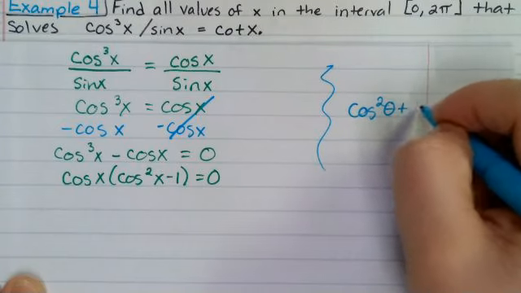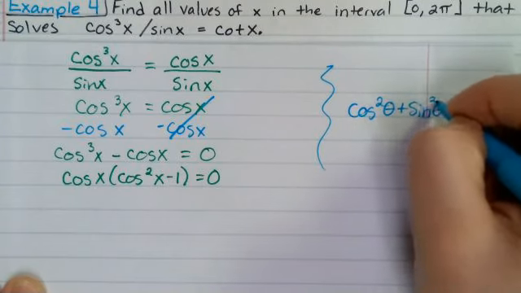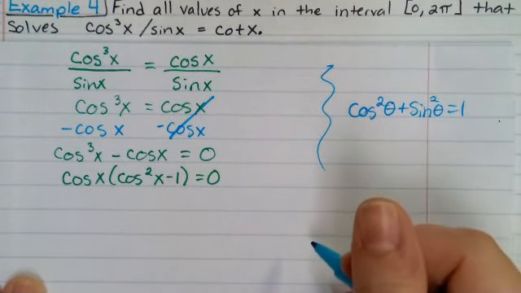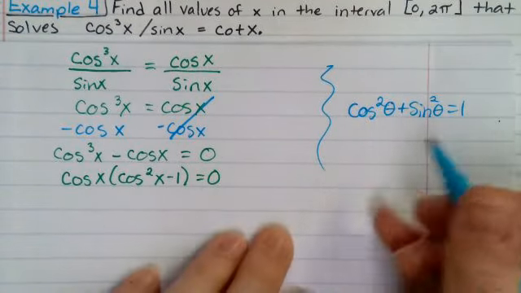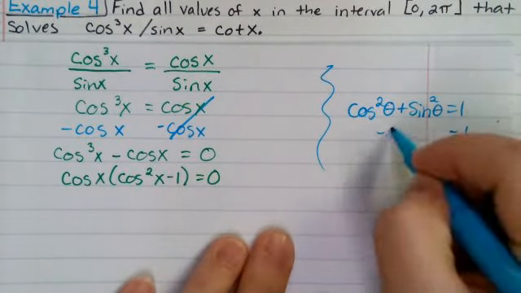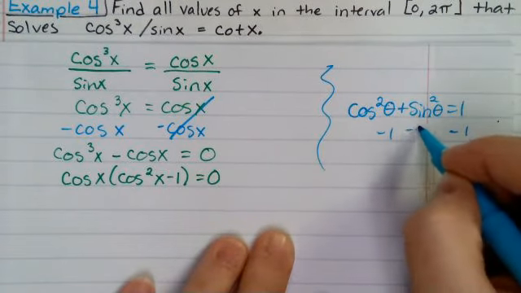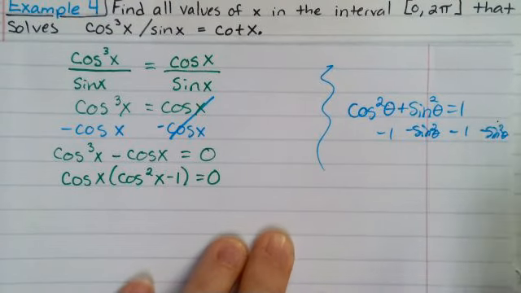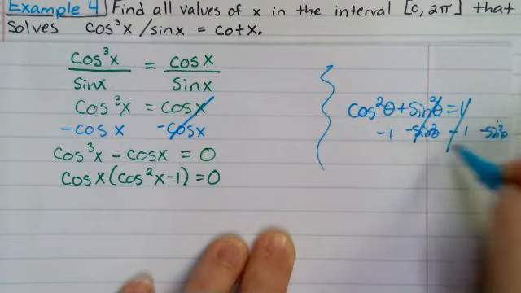Cosine squared theta plus sine squared theta equals 1. And I'm thinking, how can I write this as cosine squared minus 1? Because that's an option. I could subtract 1 here and subtract that sine squared. So that's gone and that's gone.